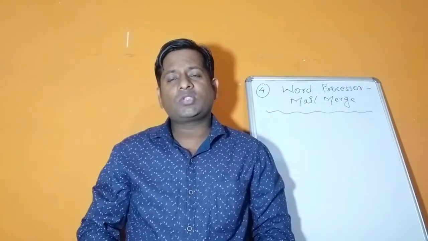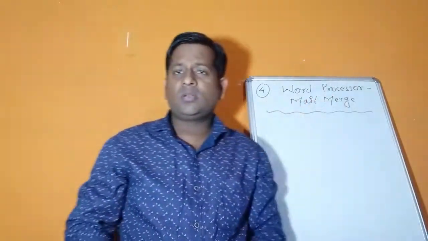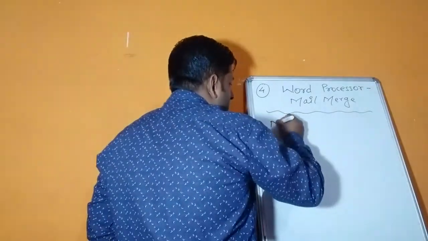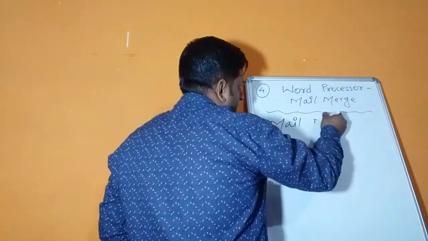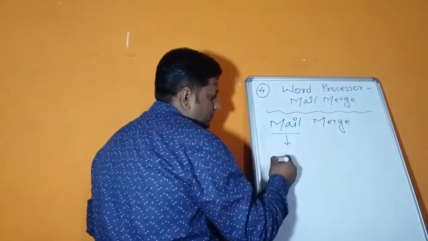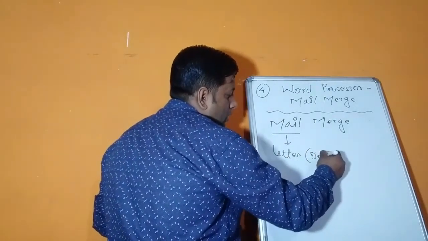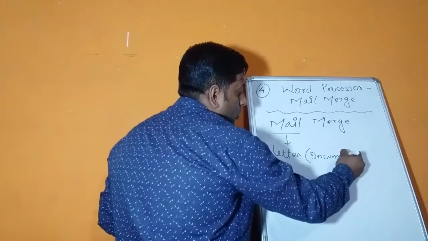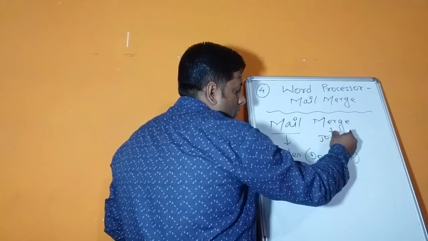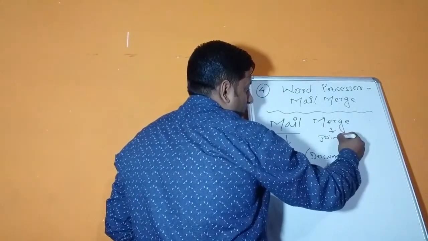Children, today we'll start chapter 4. The name of the chapter is Word Processor Mail Merge. So here, children, mail means any letter, or you can say document, whereas merge means joining.